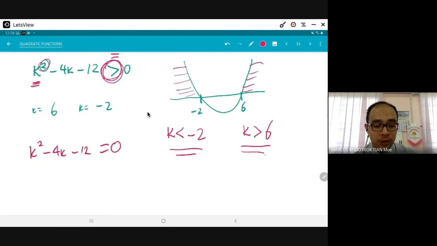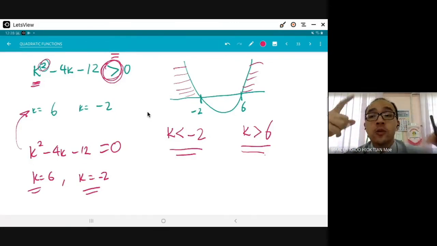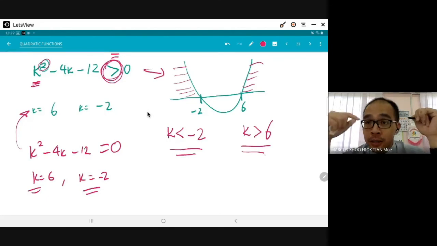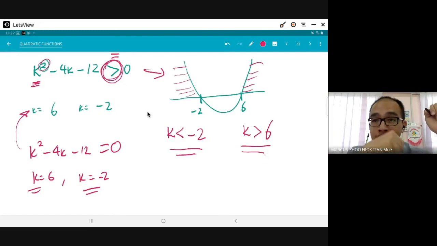The good news is you already have the answer: k equals 6 and k equals negative 2. You use EQN to get that answer. I hope you can understand how to use the discriminant to solve questions like this. But don't forget what we just learned yesterday about this. The shading part is actually very important for this subtopic and the next subtopics.